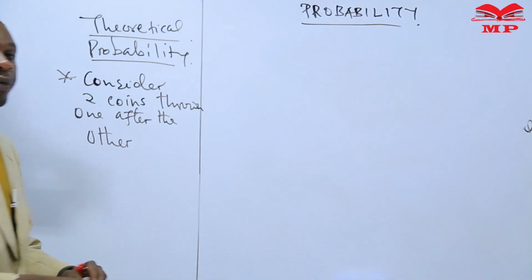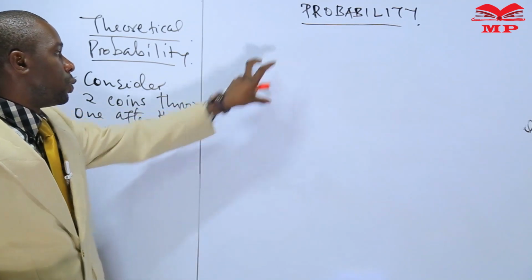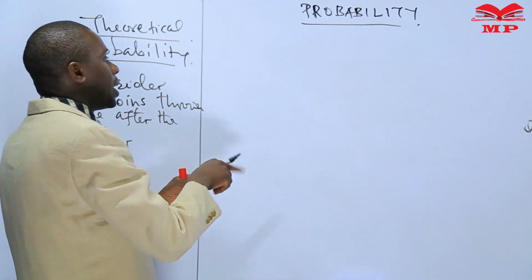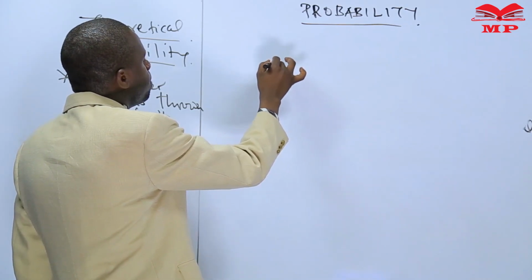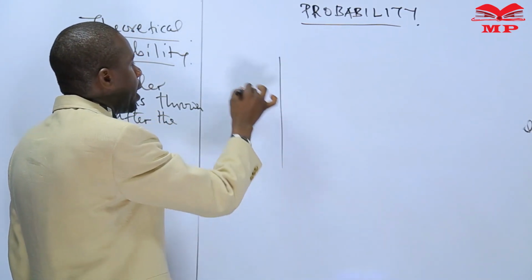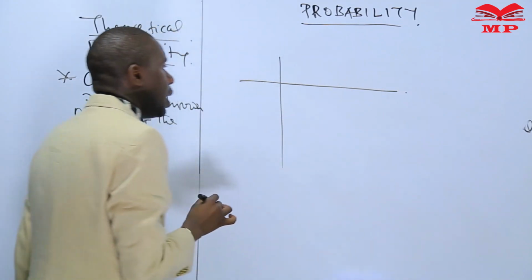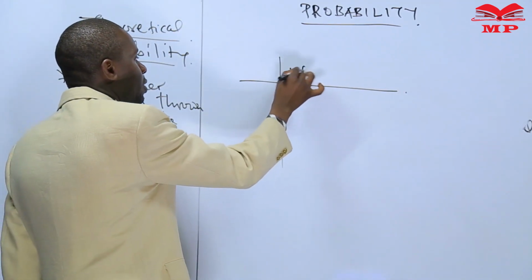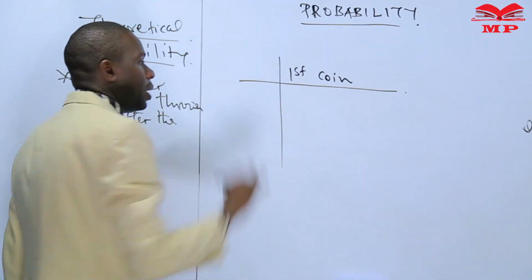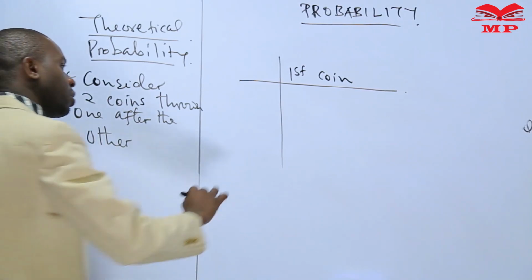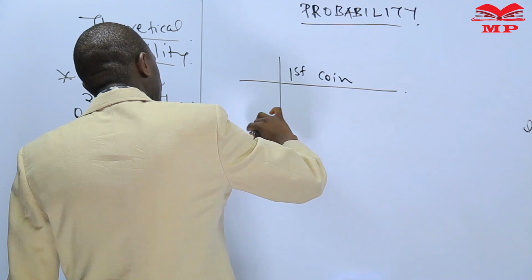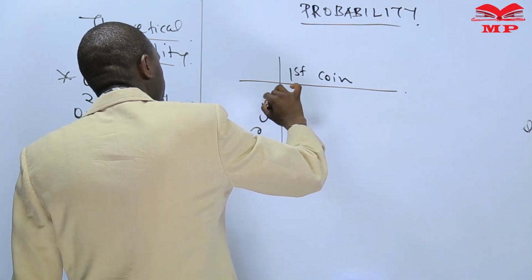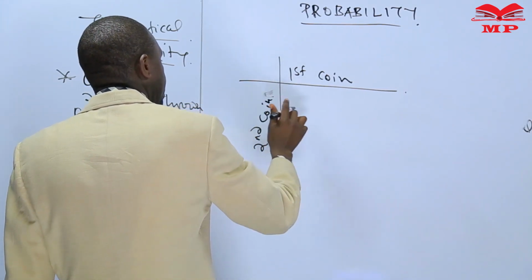Now we can come up with a small table to show that. So we can say in our table that we can have that, and then we can say this is the first coin, like that. We can also go ahead and say that this is the second coin, like that.